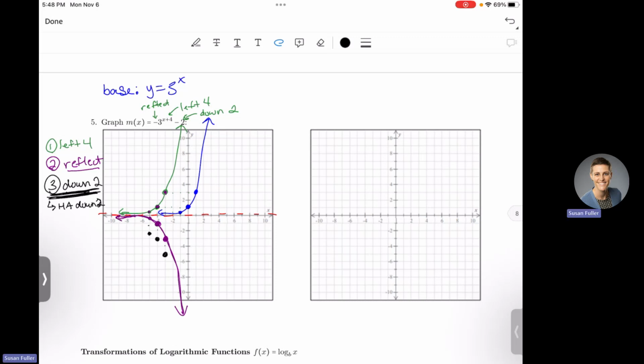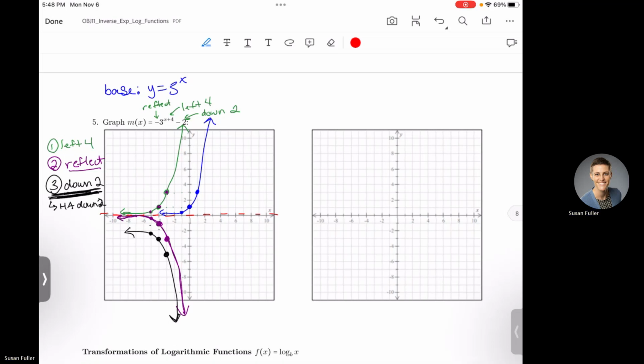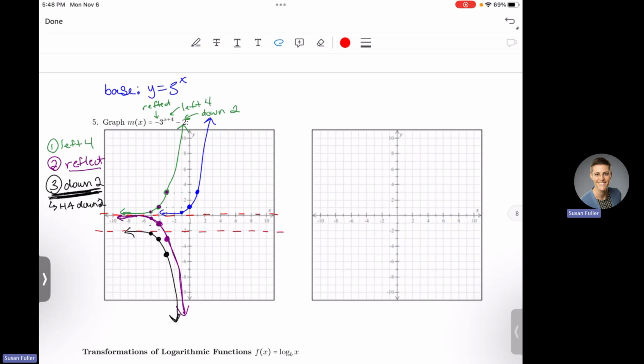And when I do that, and I connect these, notice that my horizontal asymptote also shifts down 2 units with that graph. This slides down as well. And so I'm going to have a new horizontal asymptote at y equals -2.